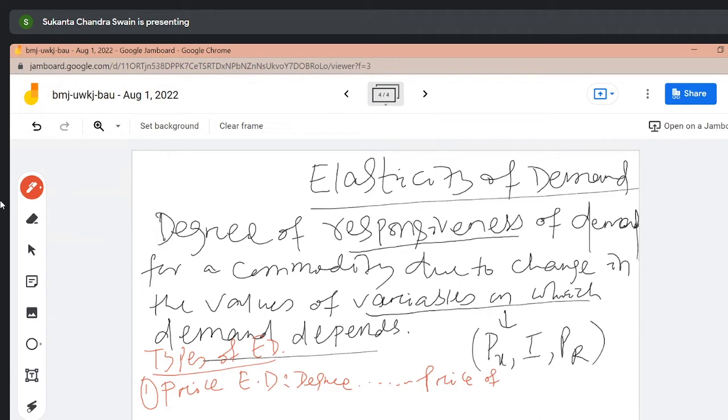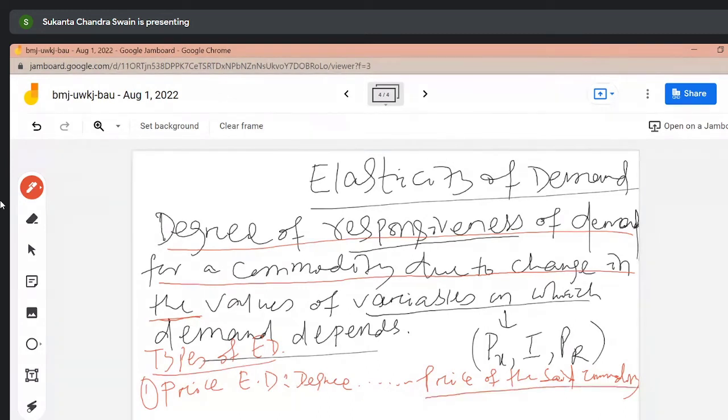Degree of responsiveness of demand for a commodity due to change in the price of the said commodity. Up till this is common for all three types.